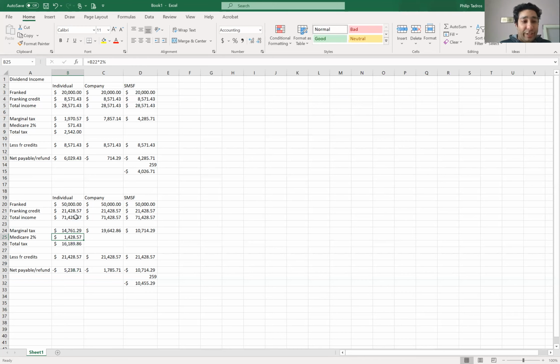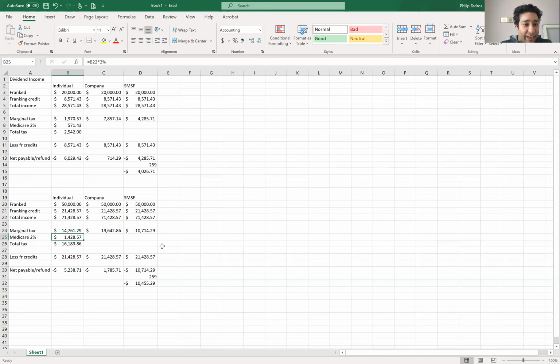Now, you can easily access these tax tables on the internet. They're available on the tax office website, on a Google search, and you'll see all those different tax tables. So we've worked out our marginal tax.